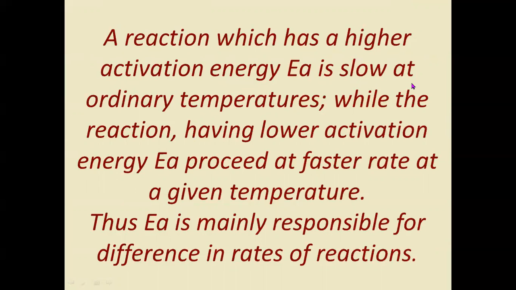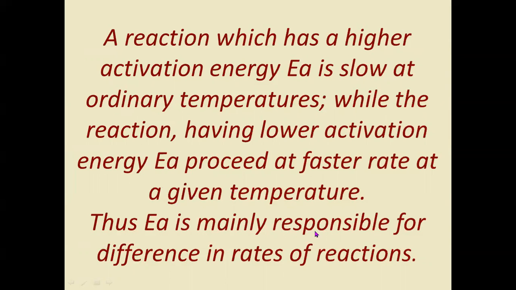Those reactions which have high activation energy or high EA value will be slow at ordinary temperatures or at room temperature. While the reaction having lower activation energy proceeds at a faster rate, that means their rate of reaction will be high at the same temperature, at room temperature.